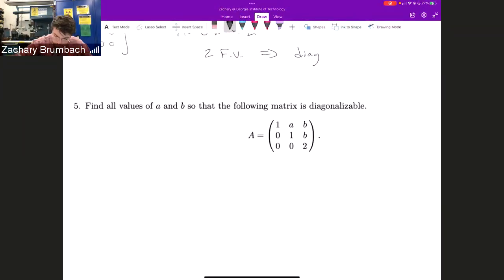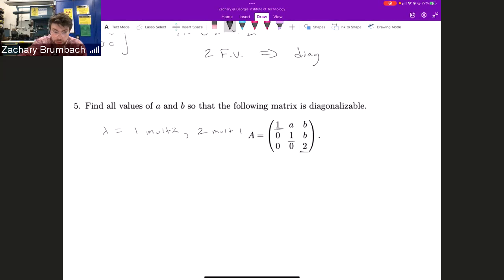Cool. So right off the bat, what are our eigenvalues? Well, you plug in the matrix. We have 1, we have 1, and we have 2. So lambda equals 1 with a multiplicity of 2, and 2, you can say it has a multiplicity of 1, okay? And again, these are algebraic multiplicities because they're numbers.